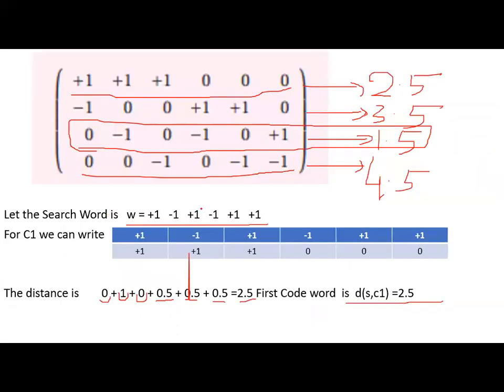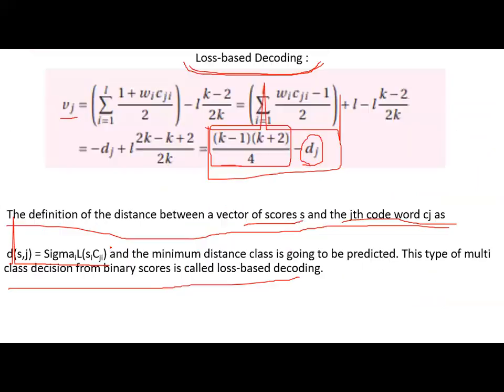This is also called loss-based decoding. The distance between a vector of scores S and the jth code word is called loss-based decoding. So this type of multi-class decision from binary scores is called loss-based decoding.